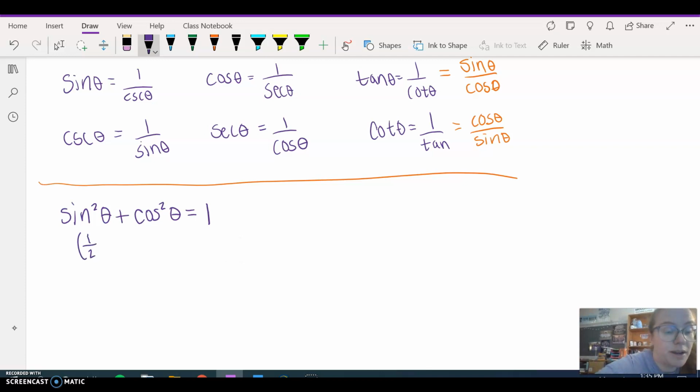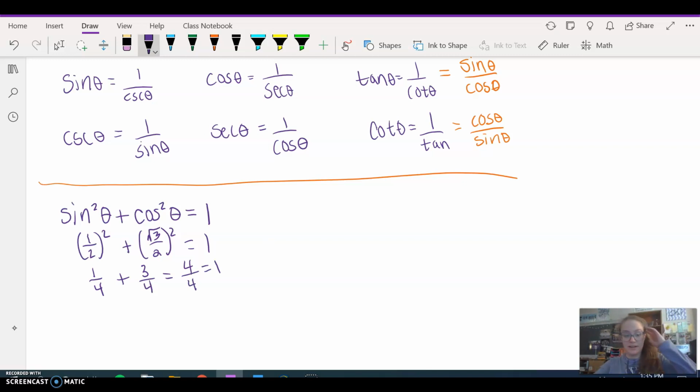If I square that sine value and I square root 3 over 2, will it equal 1? Well, if I square 1/2, it's 1/4. Plus, if I square that, it's 3 over 4. And when I add my numerators, 4 over 4 does equal 1.